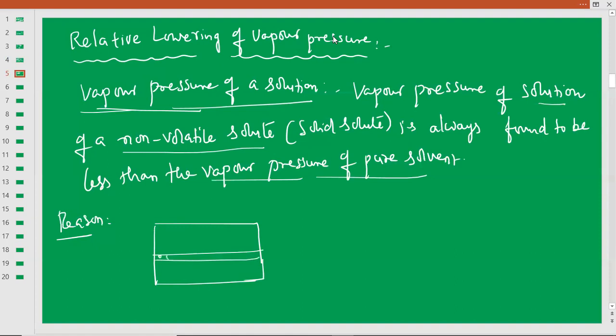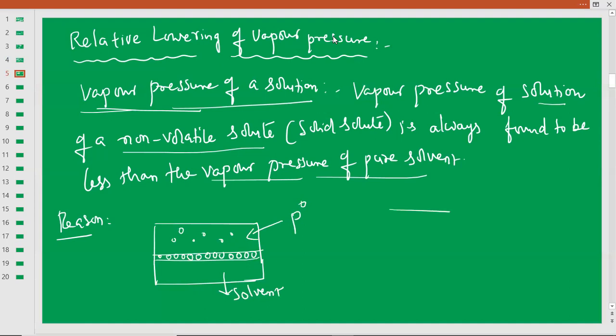Suppose these are the solvent molecules on the surface, and over this there are some vapor particles. Below this you have the solvent. Assuming P naught is the value, or P is the vapor pressure of the solution.